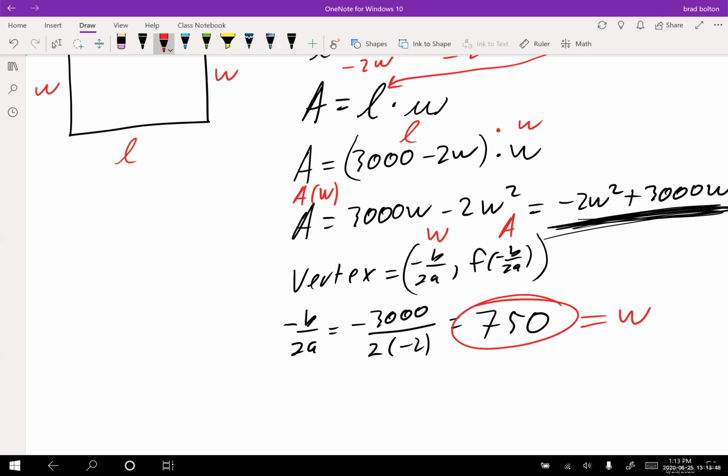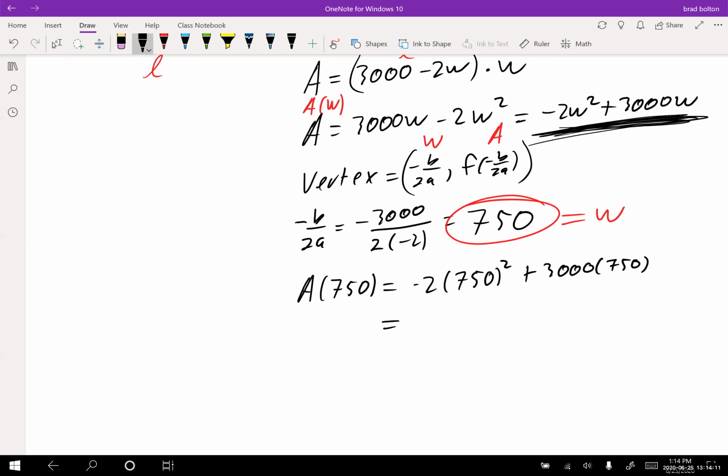Now, if I want to know the maximum area, which might be a follow-up question, I would just do A of 750. So this will be negative 2 times 750 squared plus 3,000 times 750.